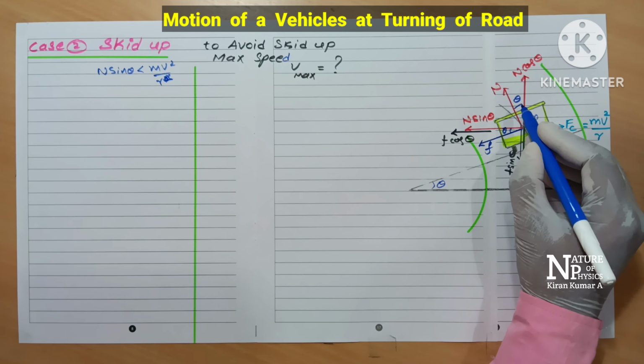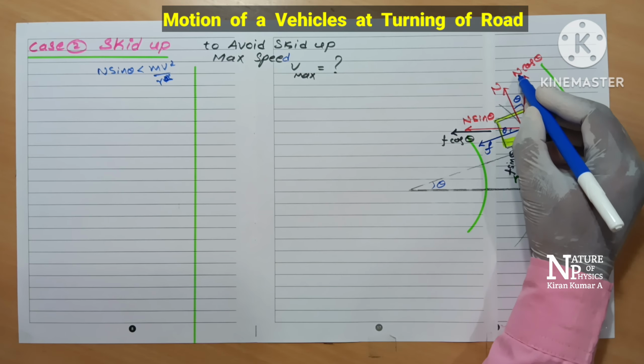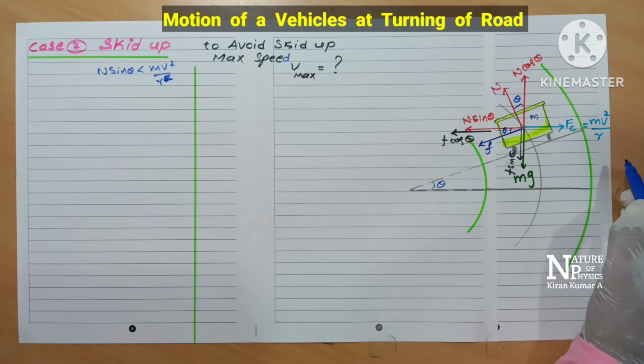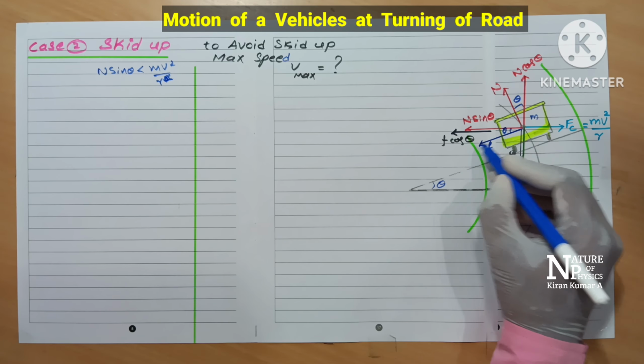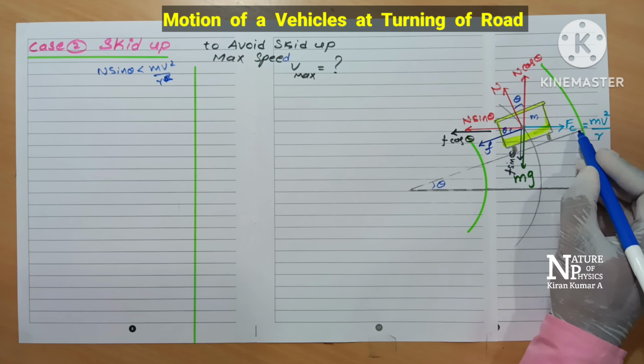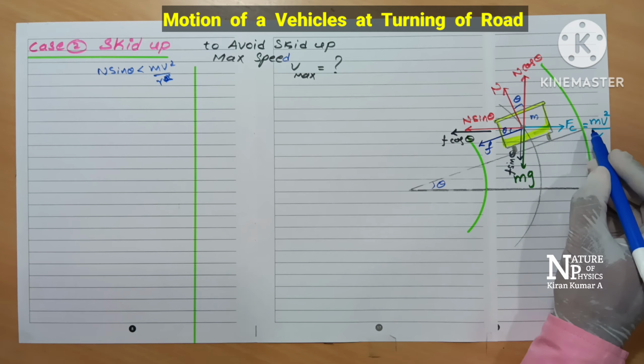The normal reaction also resolves into two components, as we did in the previous cases: N cos theta and N sin theta, mutually perpendicular to each other. The centripetal force and centrifugal force are equal in magnitude and opposite in direction, so for balancing purposes we consider the centrifugal force. Okay, and the balancing equation I am going to write, students.